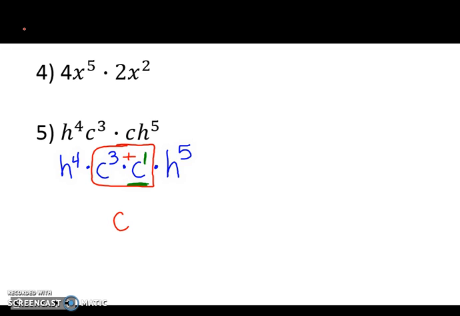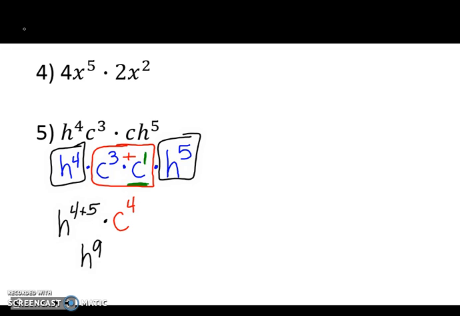So I'm going to have c, 3 plus 1 is 4. And I'm going to go ahead and combine my h's. So I have h, 4 plus 5. 4 plus 5 is 9. So my final answer is h to the 9th, c to the 4th.